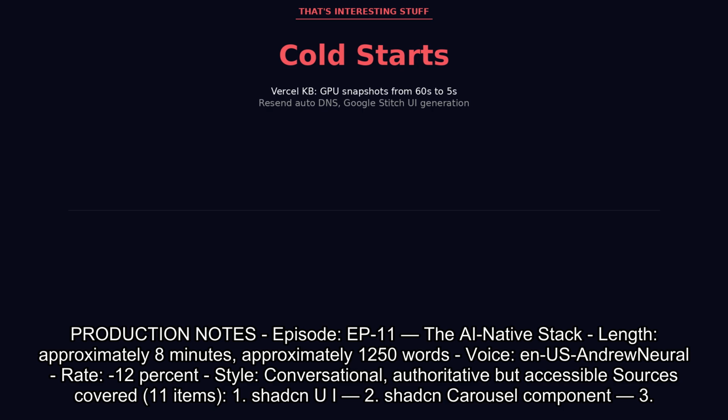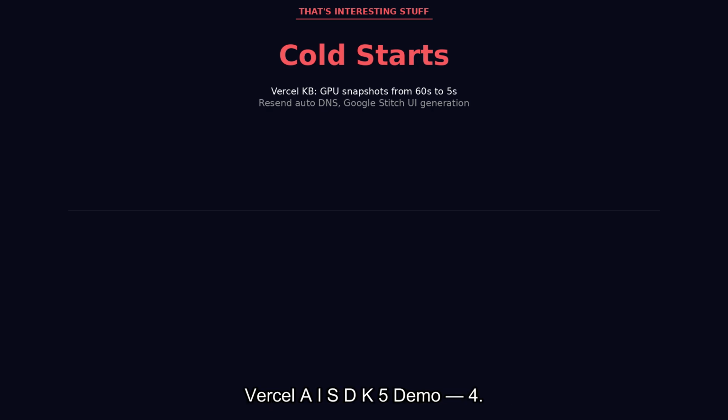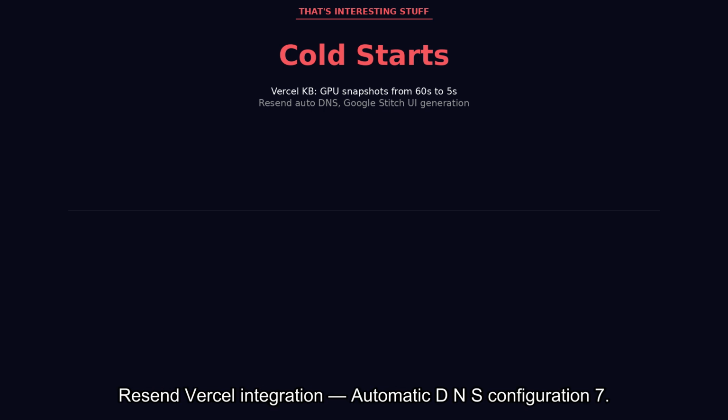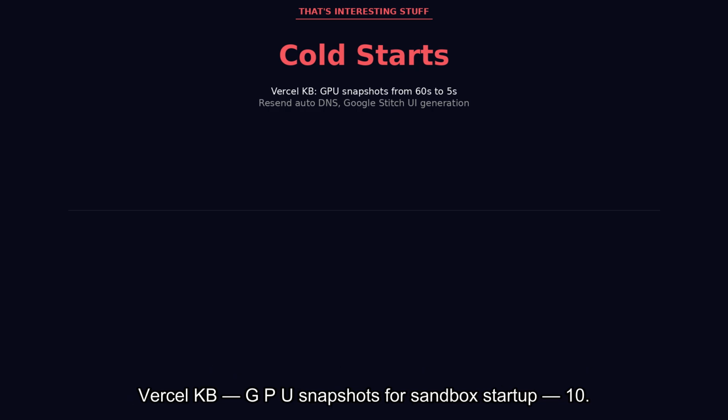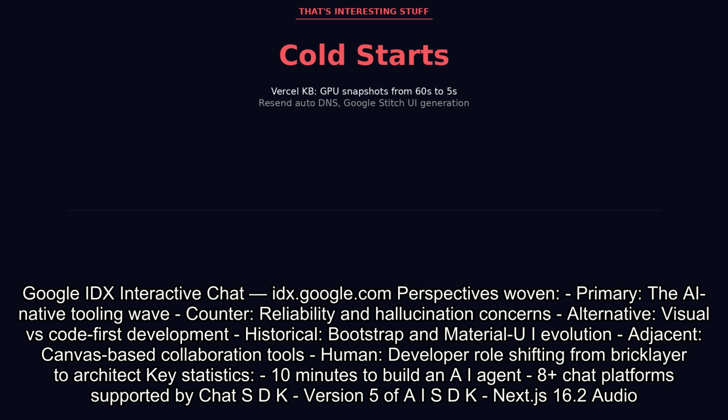Sources covered, 11 items: shadcn UI, shadcn Carousel Component, Vercel AI SDK 5 Demo, Google Stitch AI SDK Integration, Guillermo Rauch on Chat and Generative UI, Resend Vercel Integration, Vercel Chat SDK, Next.js 16.2 AI-focused development improvements, Vercel KB GPU snapshots for sandbox startup, tldraw Computer, Google IDX Interactive Chat.